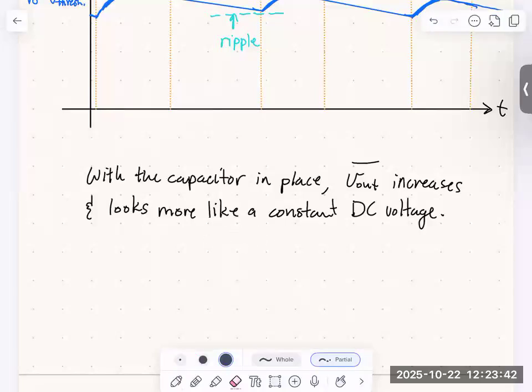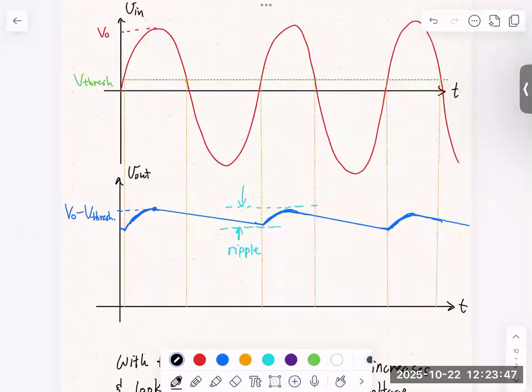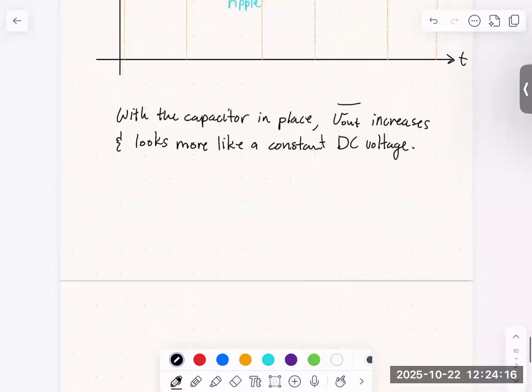In fact, maybe we could be more specific. Notice that we've only really made use of the positive part of the input cycle. We've more or less thrown away the negative part of Vin. The diode is reverse biased during that part, and all we're doing essentially is waiting for the positive part of the cycle to return. So for that reason, the rectifier circuit that we have just looked at is called the half-wave rectifier because we're only using the positive part of the cycle.